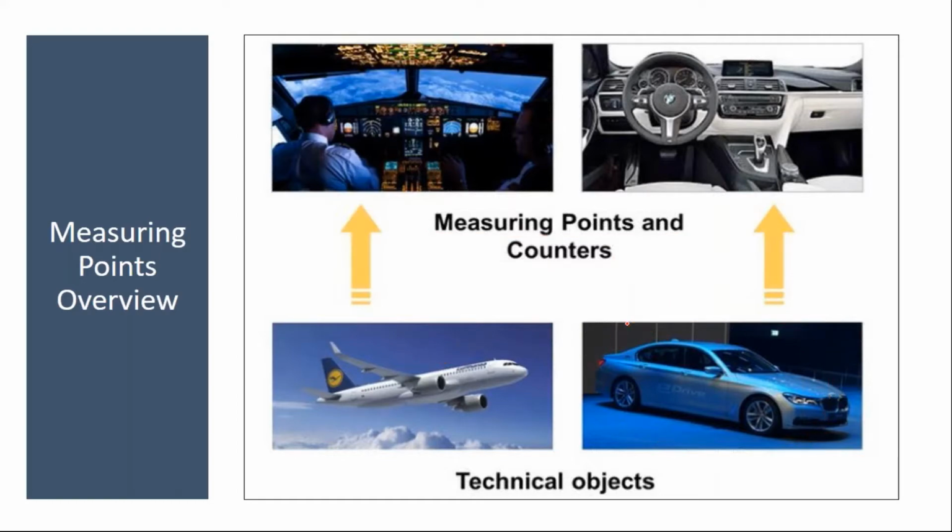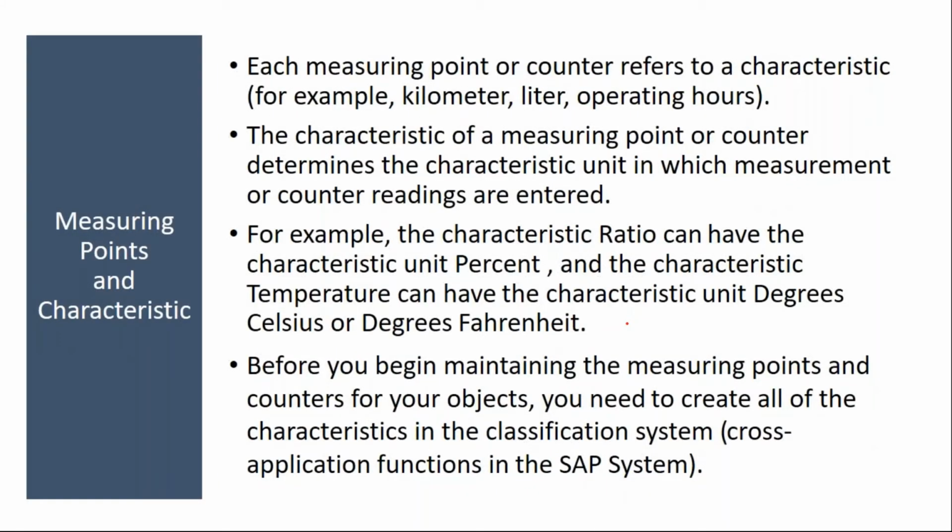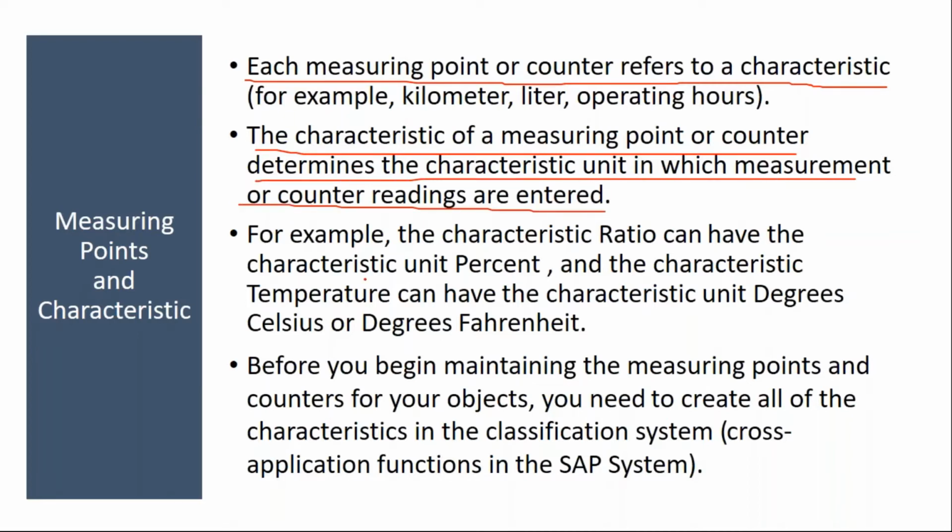So basically, to create measuring points, you need a characteristic. Each measuring point or counter refers to a characteristic. So the prerequisite is you need characteristics in the system. The characteristic of a measuring point or counter determines the characteristic unit in which measurement or counter readings are entered. So this I will show in the system.